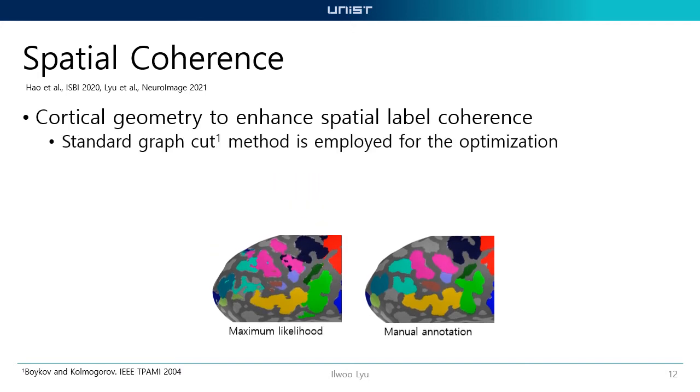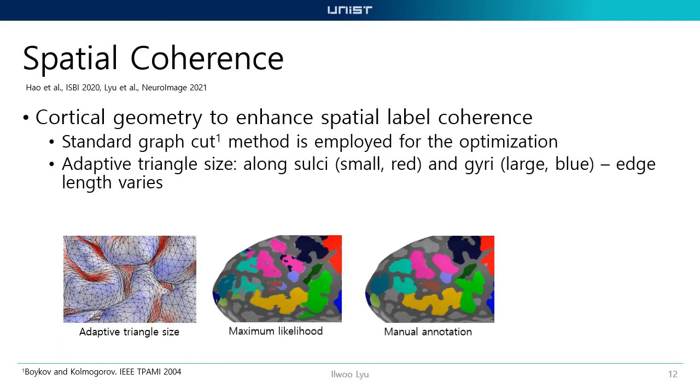To do so, we use a graphical method. This usually provides a nice spatial coherence. But the question is how we design the objective function to get a better segmentation result. Our observation is triangle size. If you look at this figure, along the gyri the triangle sizes are large, but in the sulcal regions the triangle sizes are small.